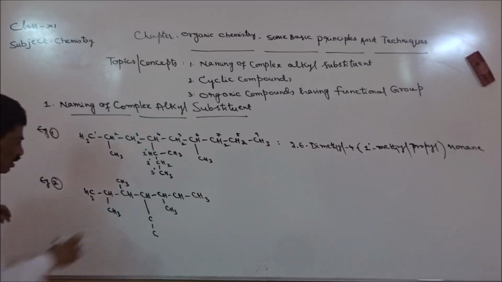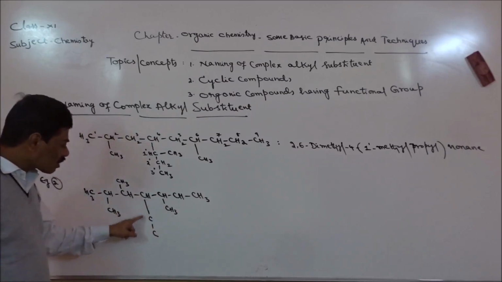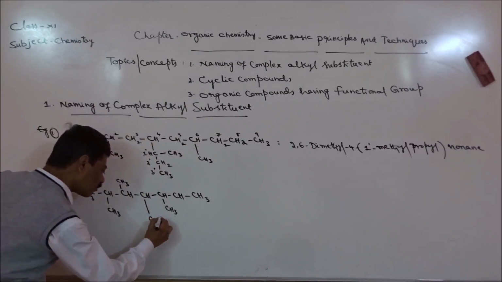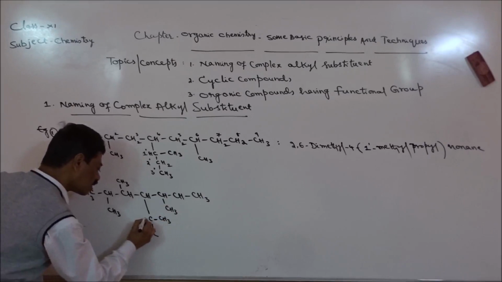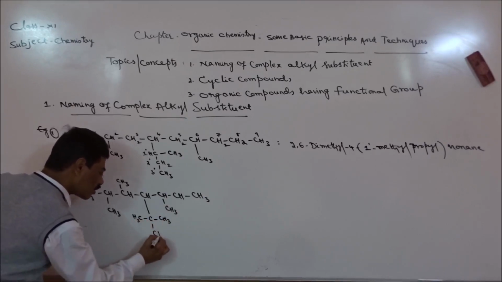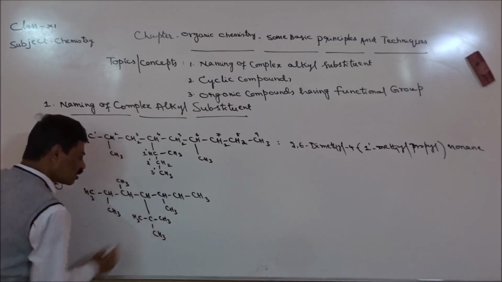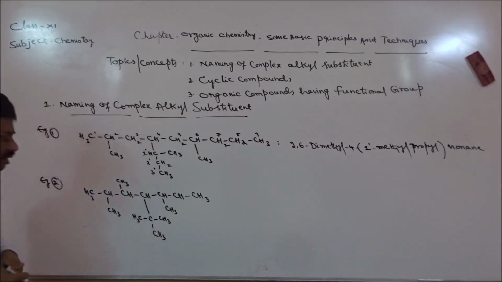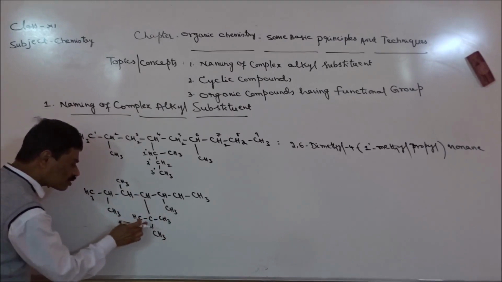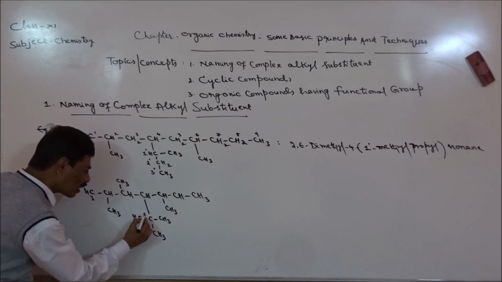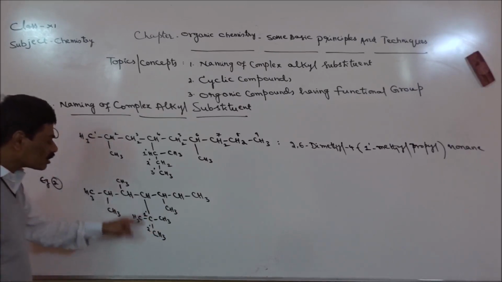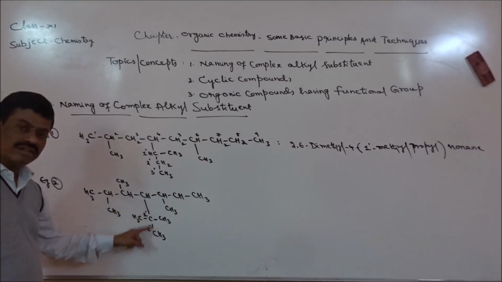Now I am going to make this a complex alkyl group. So I will add one methyl group towards the RHS and one methyl group on the LHS, and this carbon will become CH3. Right? Now in this case, as I told you, this is a complex alkyl group. To this carbon I will give number 1-dash, to this carbon 2-dash. 1-dash 2-dash means that it is an ethane derivative.